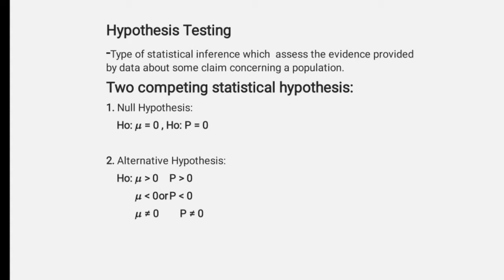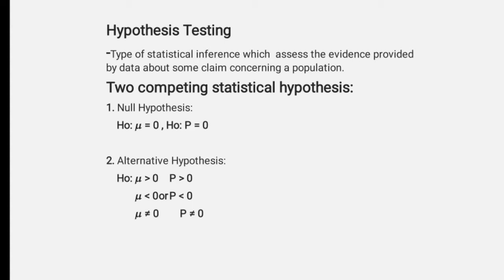The first one will be the null hypothesis. And your null hypothesis will always give you an equation. So that's one of the basic knowledge that you need to understand about writing null hypothesis. It's always going to be an equation.